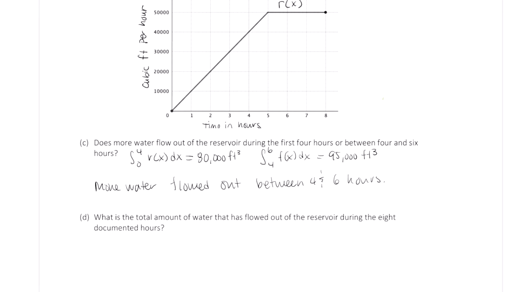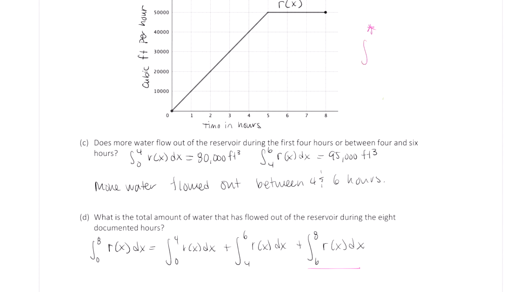So we want the area from 0 to 8 of r of x, and I wrote this as f of x here when I meant an r. So the integral from 0 to 8 of r of x dx is equal to the integral from 0 to 4 plus the integral from 4 to 6 plus the integral from 6 to 8 of r of x dx. And I'm going to compute this last one up here.